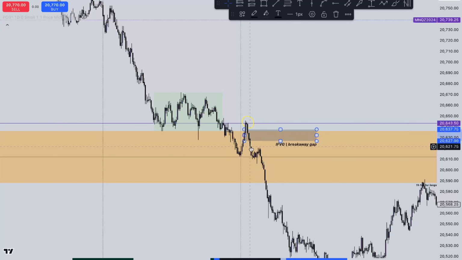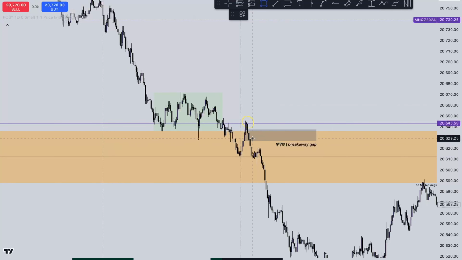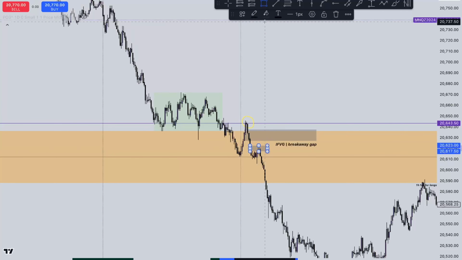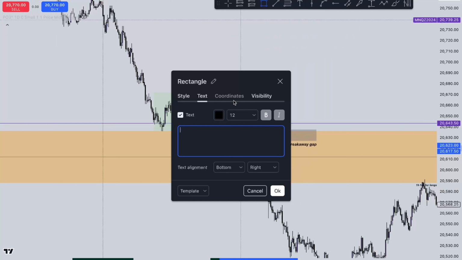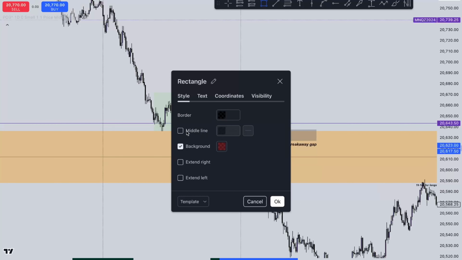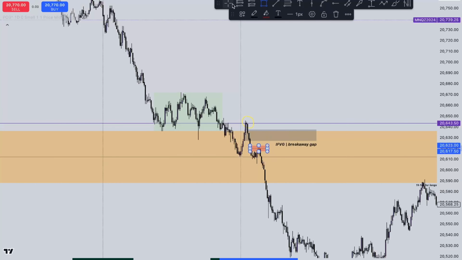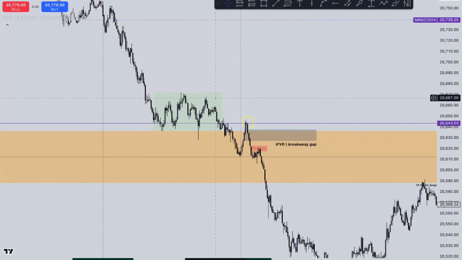Then you have your fair value gap entry. Right, so because of these two things, or three things I should say, price opens right at 10, kill zone time.